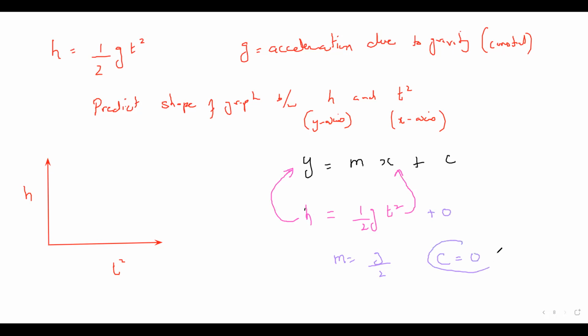Since g is constant, any constant divided by 2 gives a constant gradient. So when the gradient is constant and the y-intercept is 0, the graph will be a straight line passing through the origin.